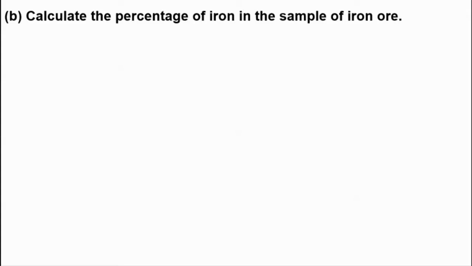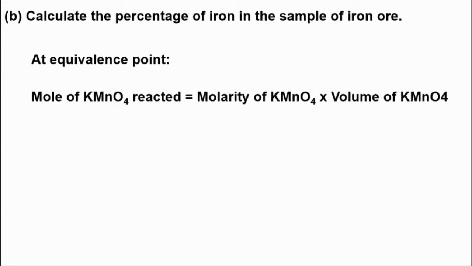We are going to determine how many moles of potassium permanganate reacted at equivalence point. At equivalence point, moles of potassium permanganate reacted equals molarity of potassium permanganate solution times volume of potassium permanganate needed to reach equivalence point.